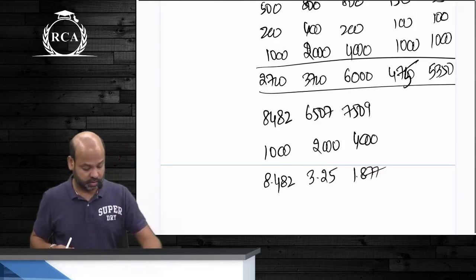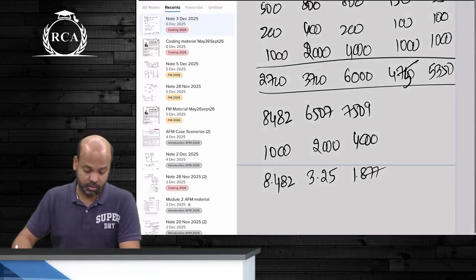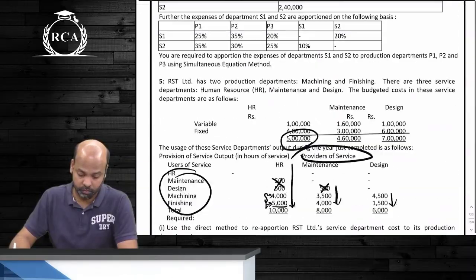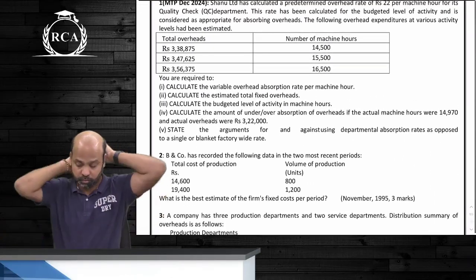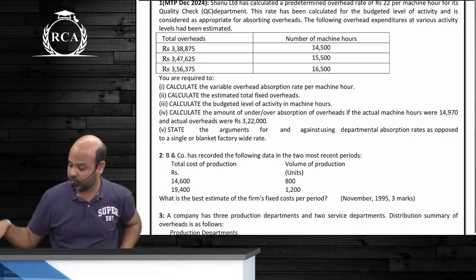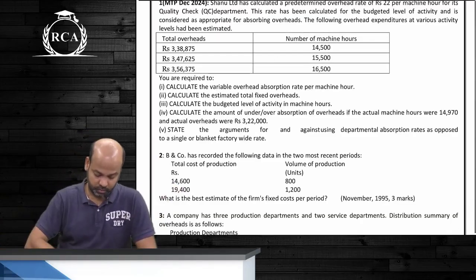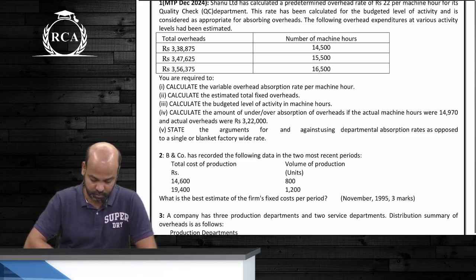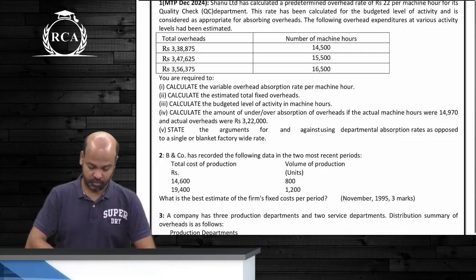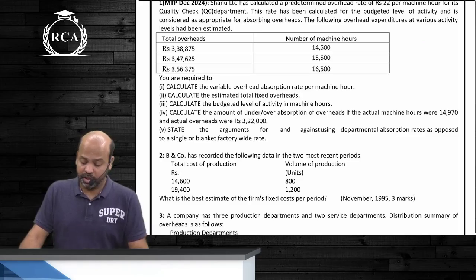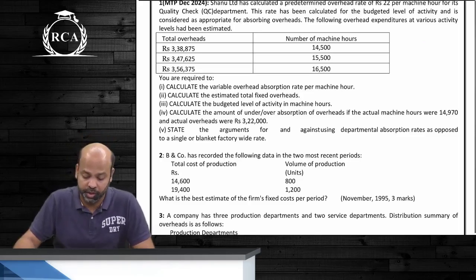Question number 1, guys. Yes, guys. Shanu has calculated predetermined overhead rate of 22 per machine hour for its quality check department.